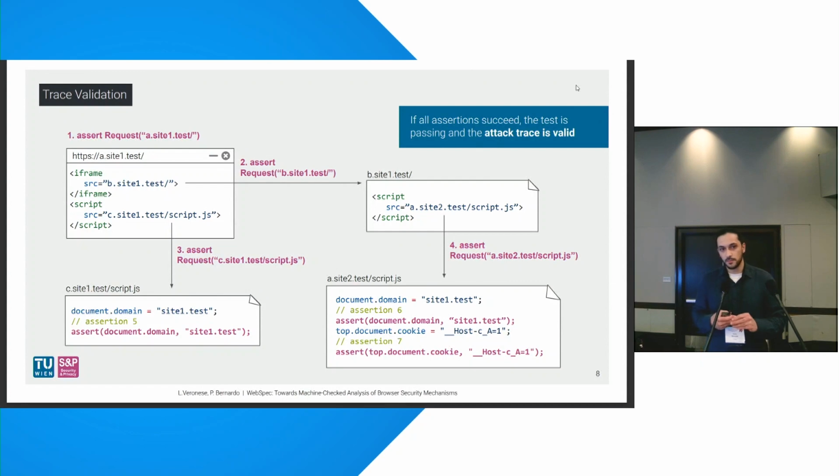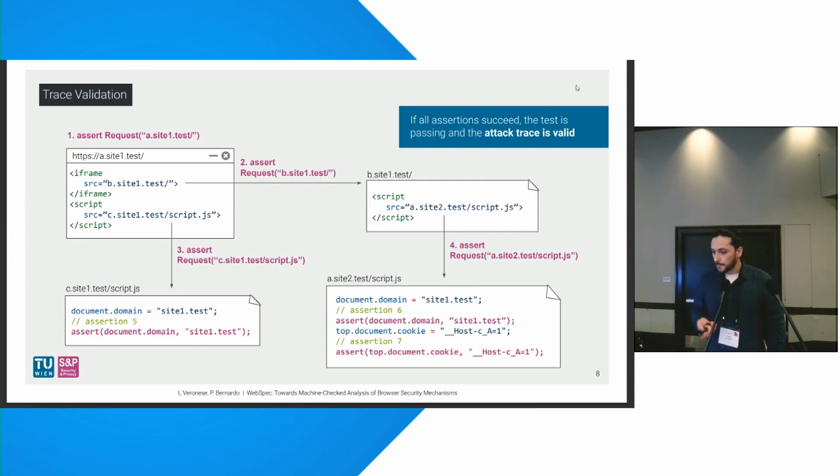Not all actions must be explicitly verified, like, for example, network requests or JavaScript API calls. These must be explicitly verified, and this is done using assertions. At the end of the execution of the test, if all assertions succeed, then the attack trace is valid, and we successfully violated the invariant in the browser.